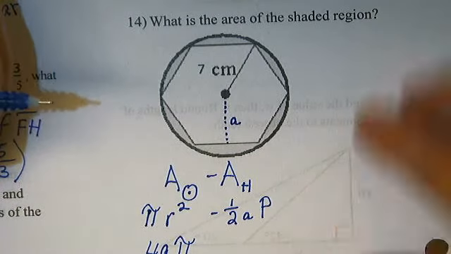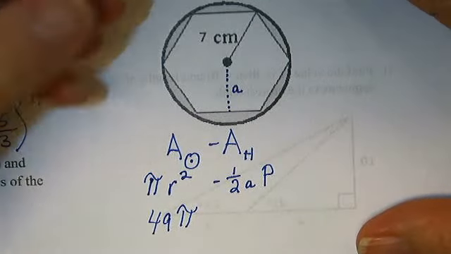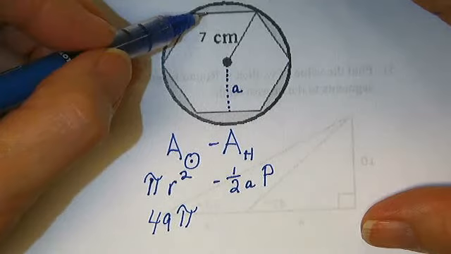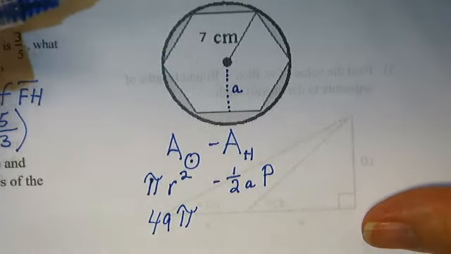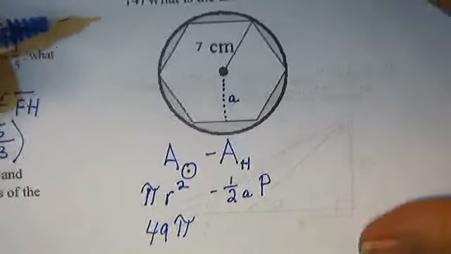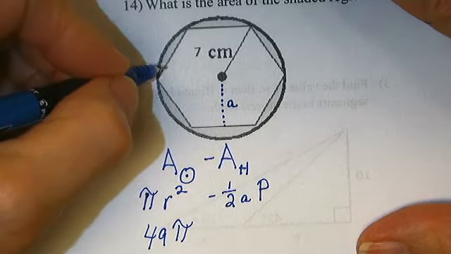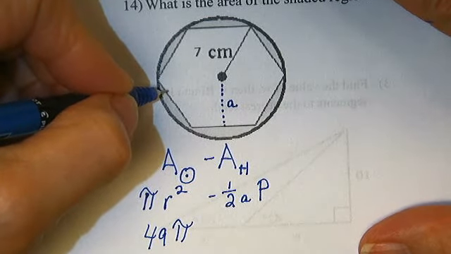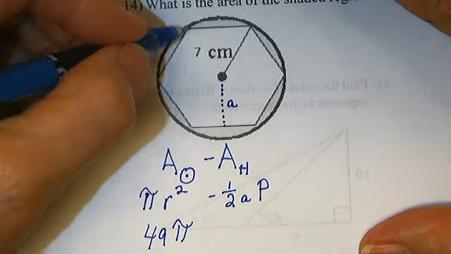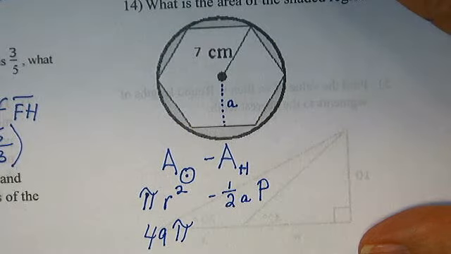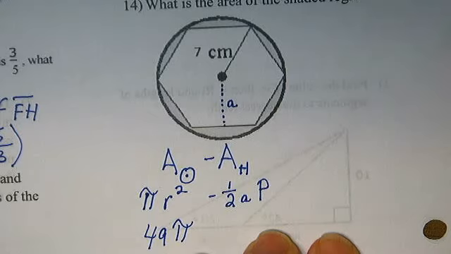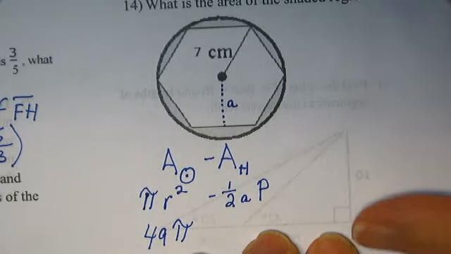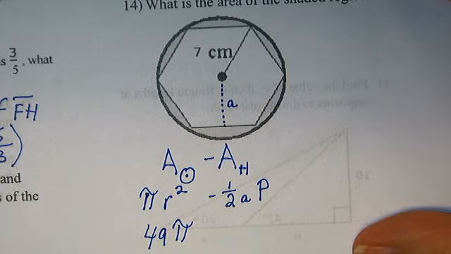And to do that, we're going to have to remember some of our geometry. First of all, we can calculate the sum of the interior angles of any polygon. Do you remember the sum of the interior angles of a regular polygon?